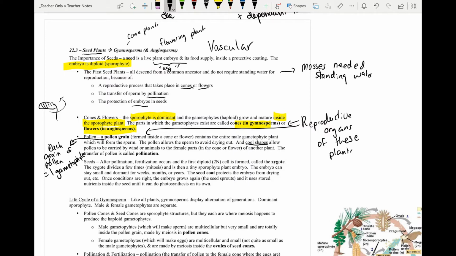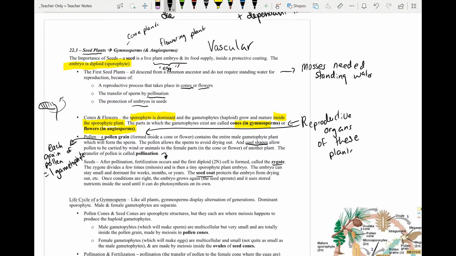So after this process of pollination, fertilization occurs and the first diploid 2n cell is formed, called the zygote. So we always call this the zygote. The zygote divides a few times, and then it becomes a sporophyte plant embryo. So it can stay dormant for weeks, months, or years, and generally it forms this thing called a seed coat, which protects the embryo from drying out.